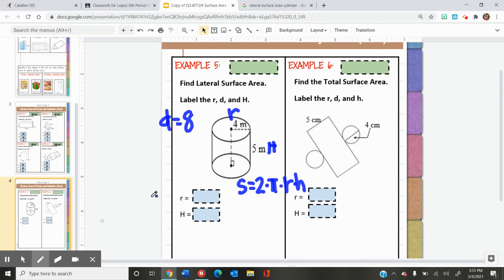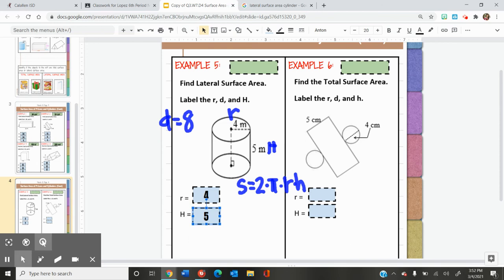So going down here, it tells me to label my radius. So my radius is 4. And it asks me for the height of my cylinder. Now the height of this cylinder is going to be 5. So all we have to do now is plug that into our formula.